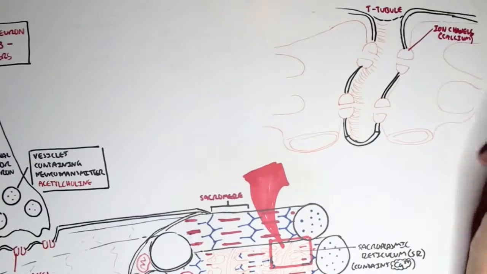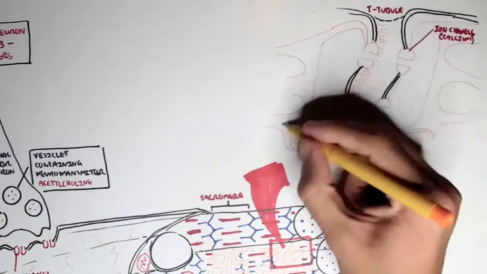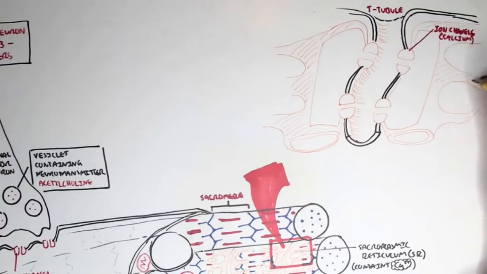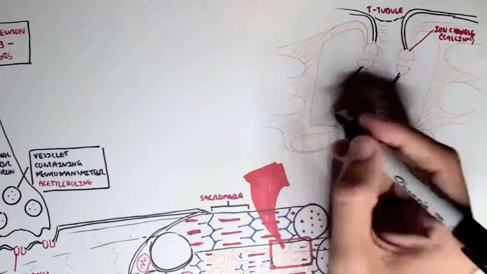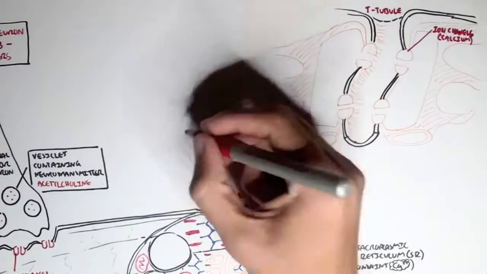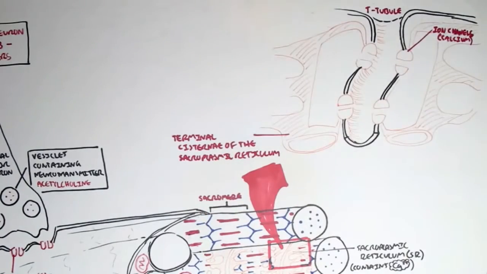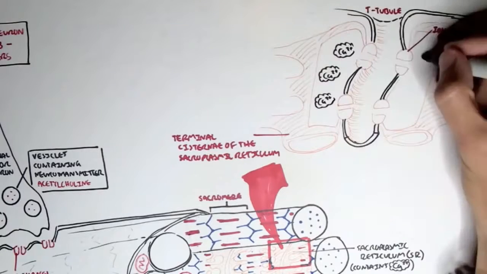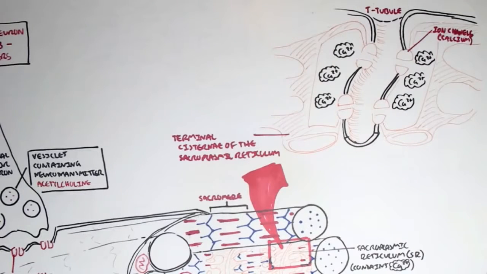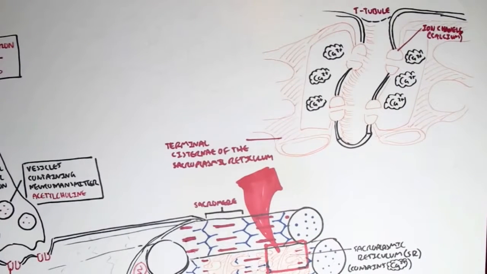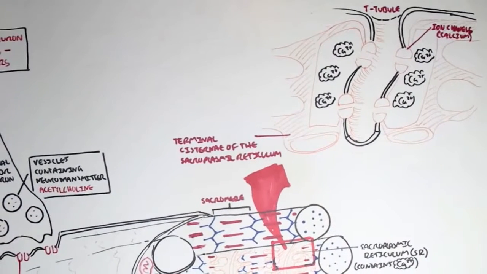Specifically, what's called the terminal cisternae, which is part of the sarcoplasmic reticulum. And the terminal cisternae contains these calcium ions. But these calcium ions cannot go into the T-tubule because the calcium ion channels are blocked, and therefore they need to be opened for calcium to come out.